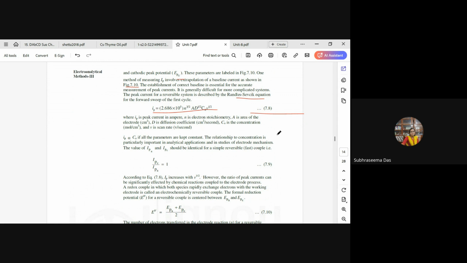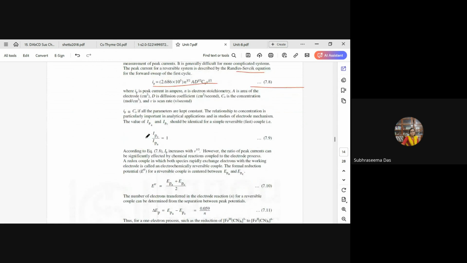So now from equation 7.8, we can see that IP is directly proportional to the concentration if other parameters are kept constant. So this relationship between concentration and the peak current is very important.